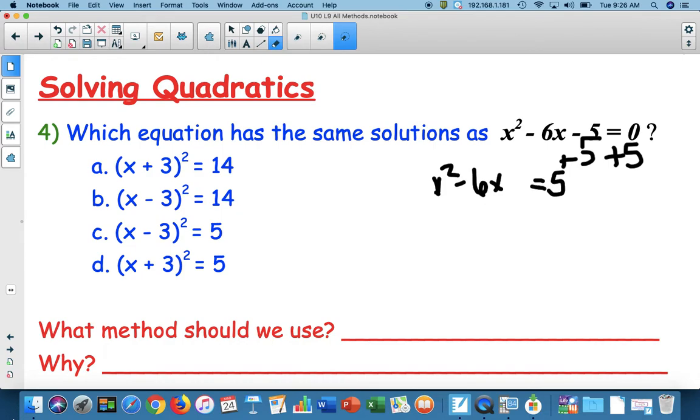Okay, really quick, right above it, I'm going to do our b over 2 squared. So right up here, I'm going to do b over 2 squared, which is negative 6.